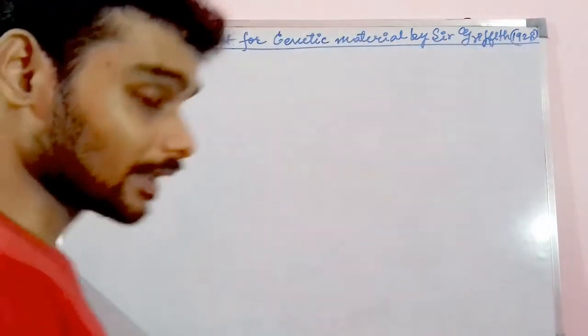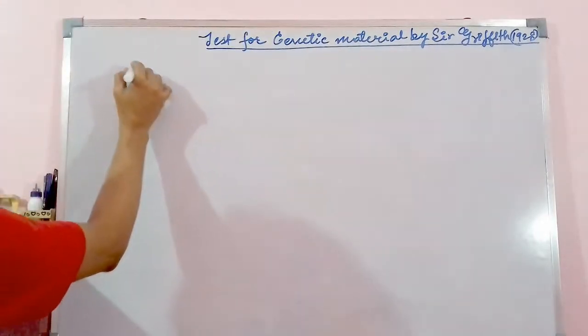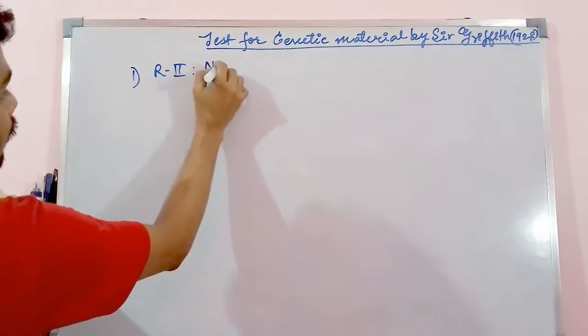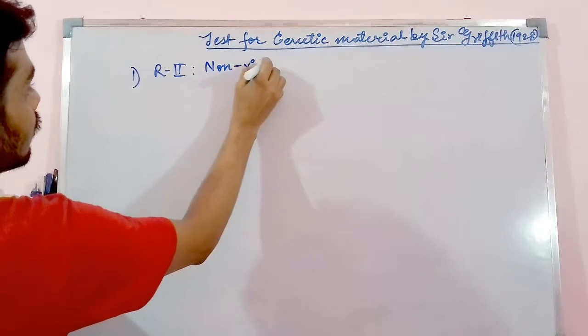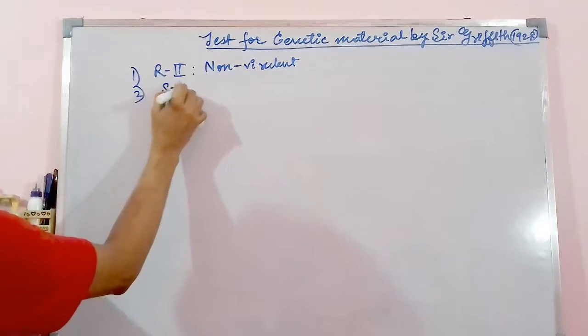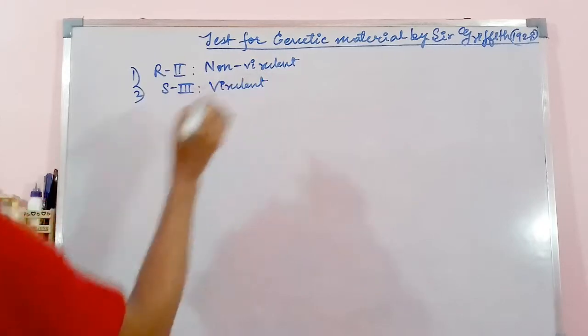Now what Sir Frederick Griffith did was a very smart kind of experiment through a very easy process. He isolated two particular strains of pneumonia causing bacteria. The first one was R2 type, which was non-virulent, and the second one was S3 type, which was virulent.